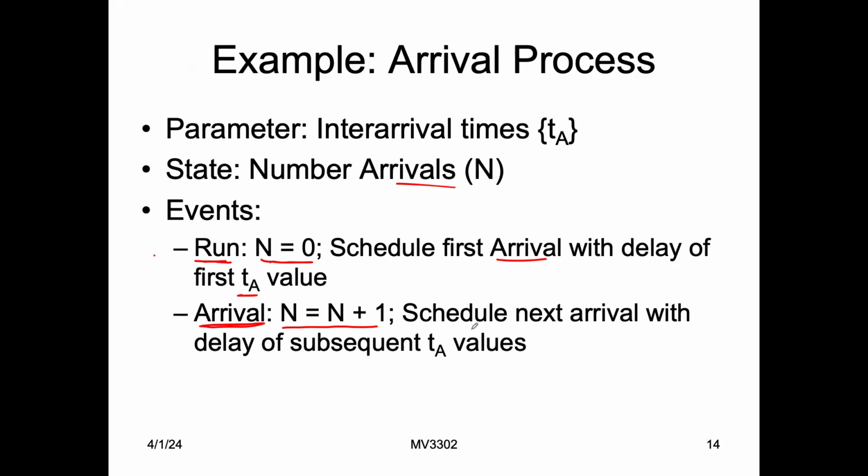But that would be very wasteful and very inefficient, because now the event list has to deal with 1 million things on its list. Instead, since we know that they come one at a time, at any given time there's only going to be one event on the event list. And that's going to run pretty fast. In other words, we don't need to know when the second arrival event happens until the first one does.